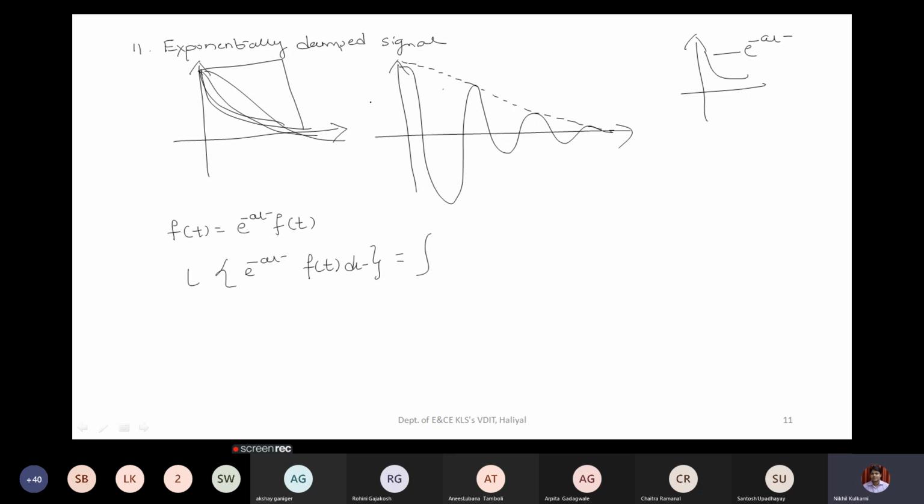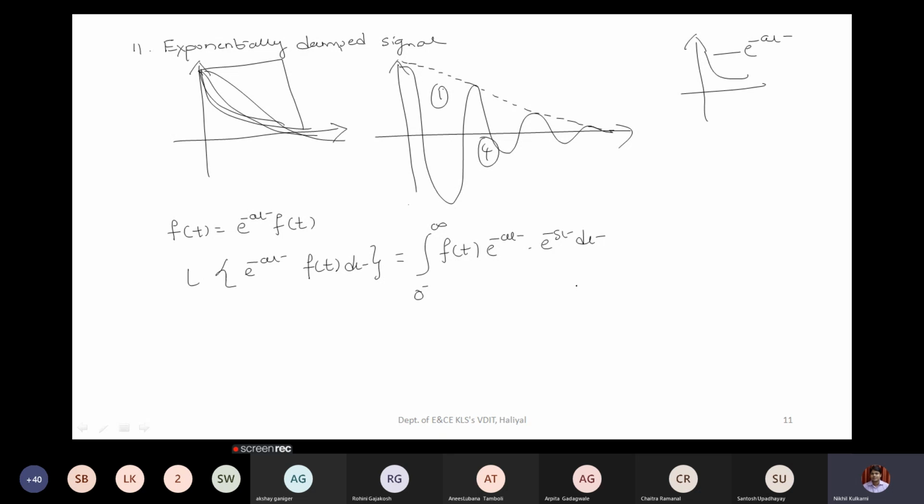It is applicable to first and fourth quadrant. So the value will be from 0 minus to infinity. So limits will be given by 0 minus to infinity f of t e to the power minus at into e to the power minus st dt.